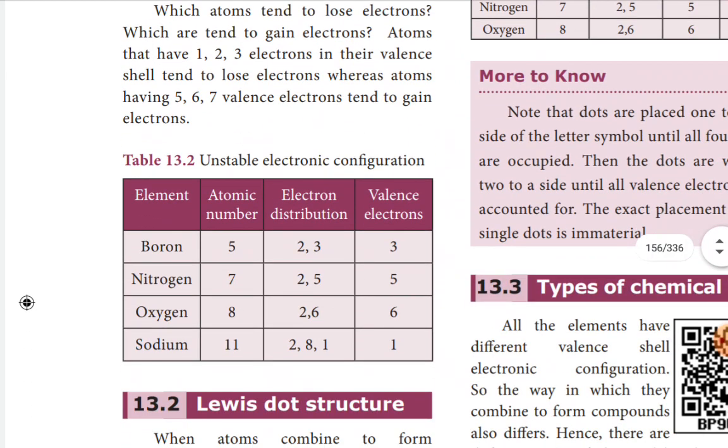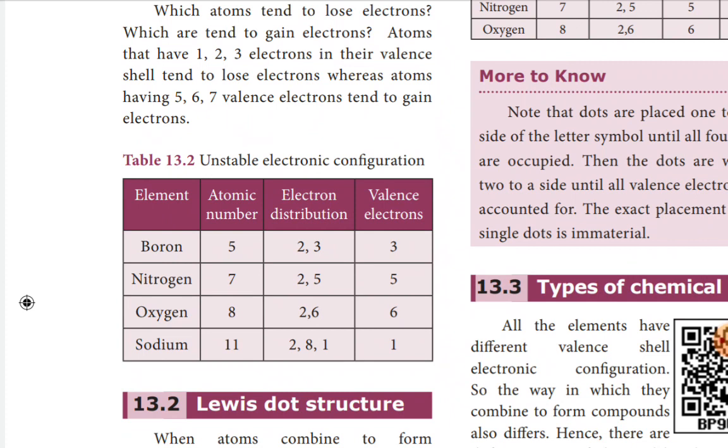Here see in table 13.2, it is given, unstable electronic configuration. Boron has atomic number 5, electron distribution 2, 3. So it is going to donate 3 electrons to form a stable configuration.